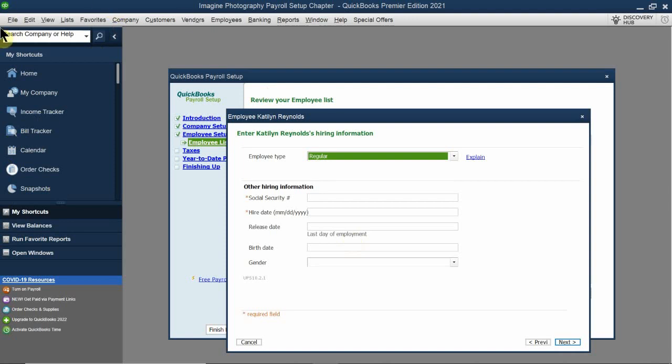So then other hiring information, okay? What's your social security? So this is very important because this is also going to be the means for her to be able to say that this is my identification number, this is my social security number, so that I'm able to keep track of all the money that I've earned, right?